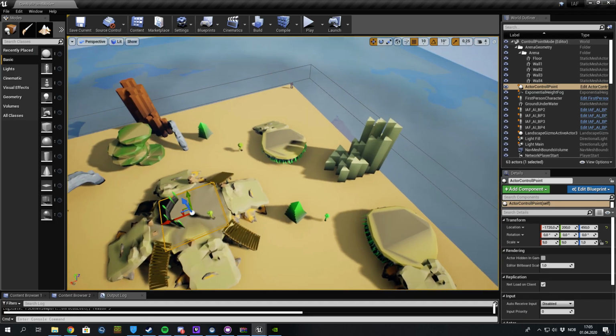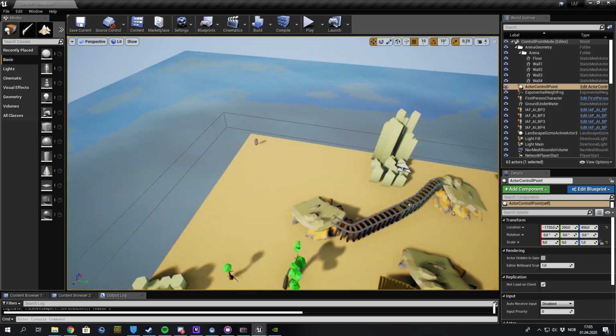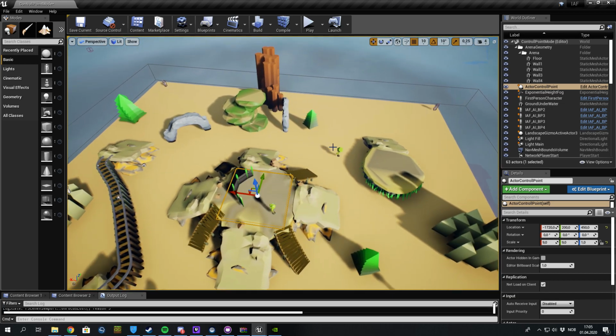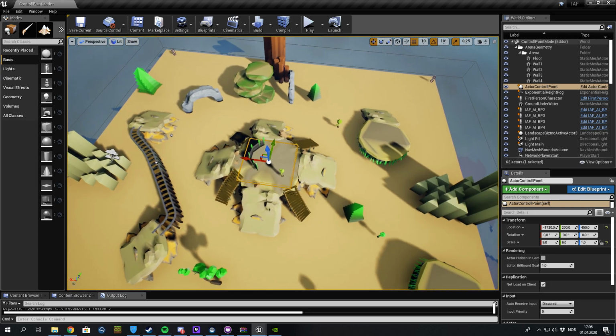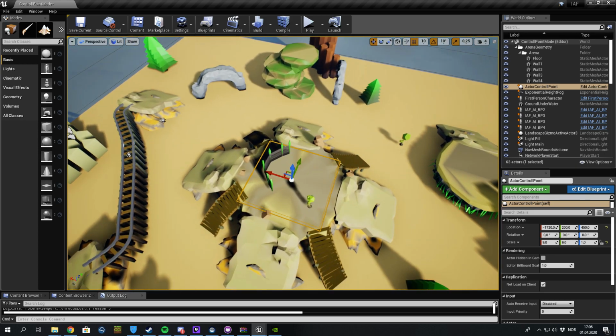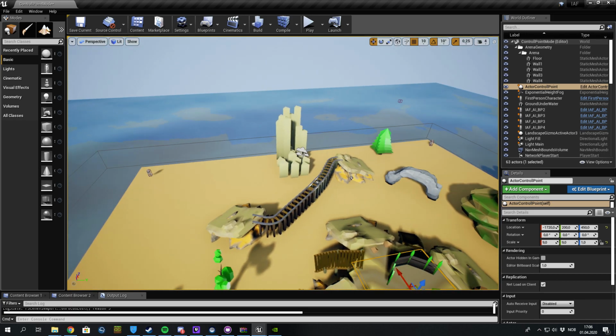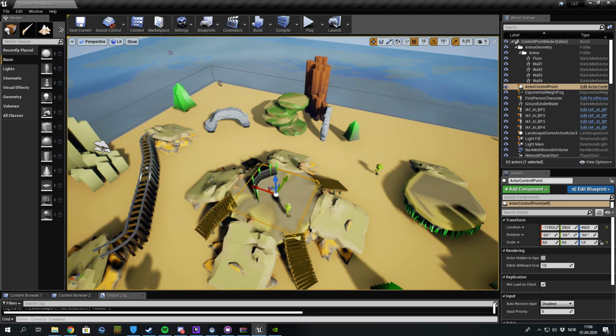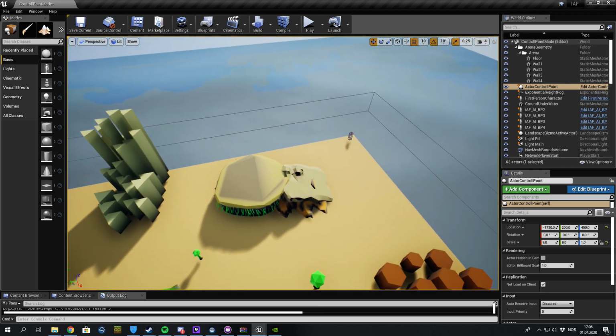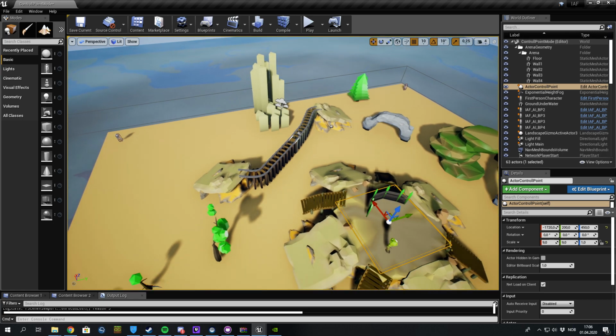Then we have the game mode, which is pretty much what they're getting rewarded for and what they are getting punished for. Each of the agents' objective is to move towards this point right here, as I have marked. When they move here and stand here for 10 seconds, they get a reward, all the other agents get punished, and all of them get sent back to their spawn.